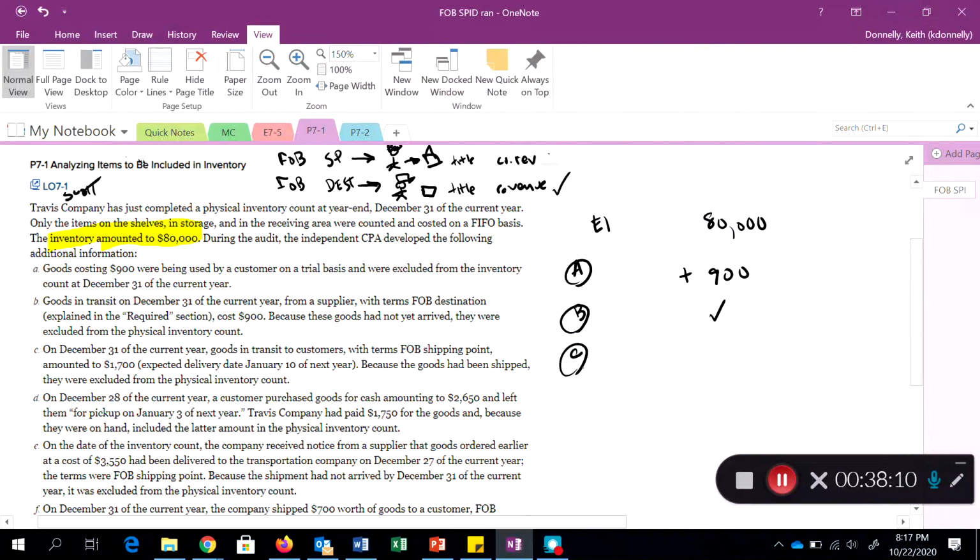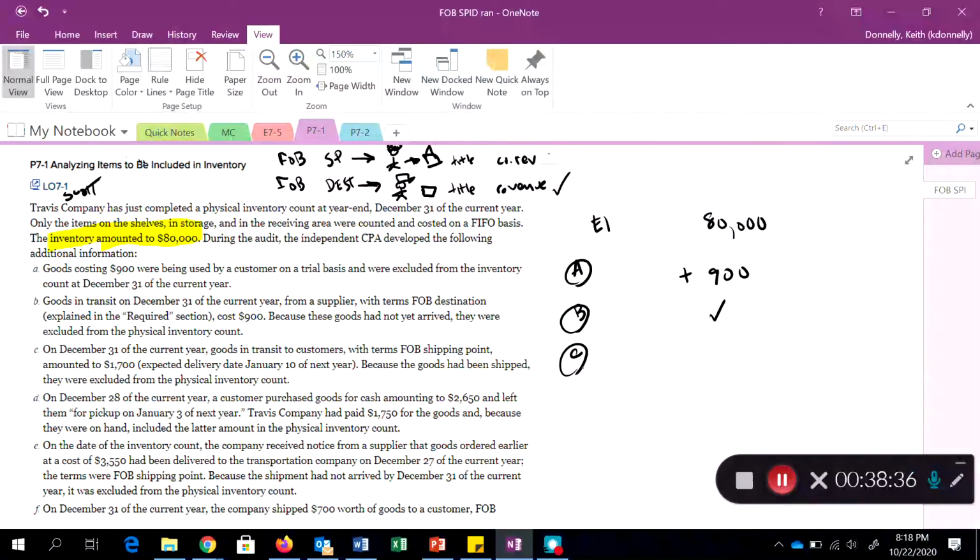Let's look at C. On December 31st of the current year, goods in transit to customers, so things we're selling to our customers, which are FOB shipping point, amounted to $1,700. Expected delivery January 10th of next year. Because the goods had been shipped, they were excluded from the physical inventory account.